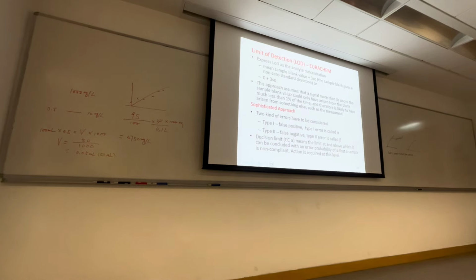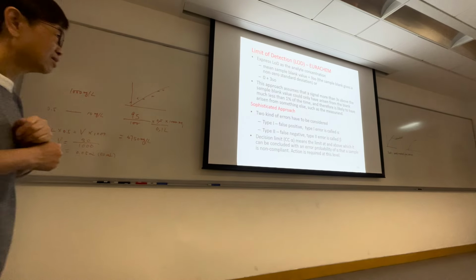This approach assumes that a signal more than 3 times above the sample blank will arise from the blank much less than 1% of the time, and therefore is likely to have arisen from something else, such as the measurand. That means when the signal is larger than the mean blank signal plus 3 times the standard deviation of the signal, then the false positive is only 1%. And the false negative is also 1%.